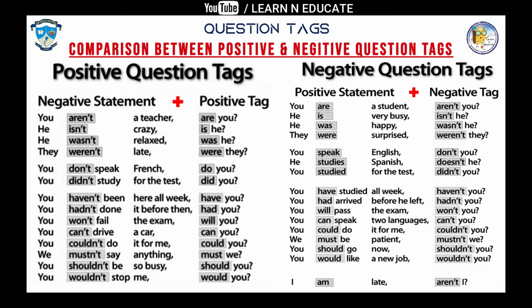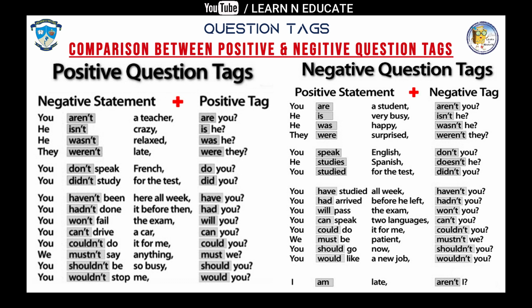Remember, we learned to assume do or does in the given statement and write the question tag. This example is from there. Similarly, we have he studies Spanish, doesn't he? You studied for the test, didn't you?